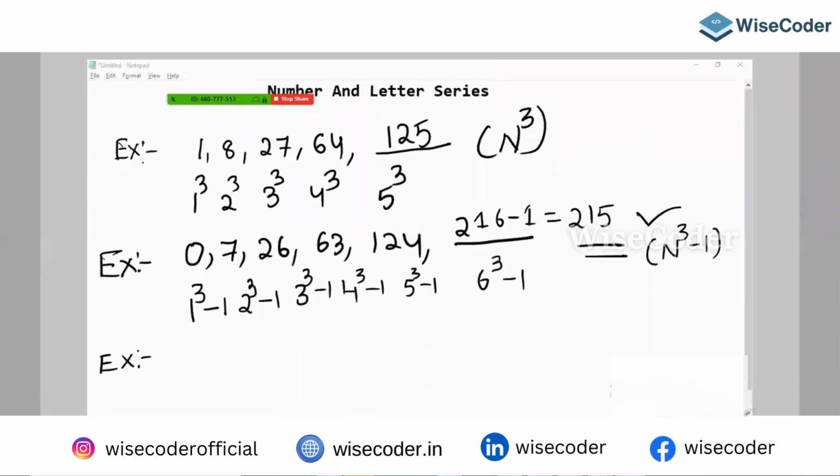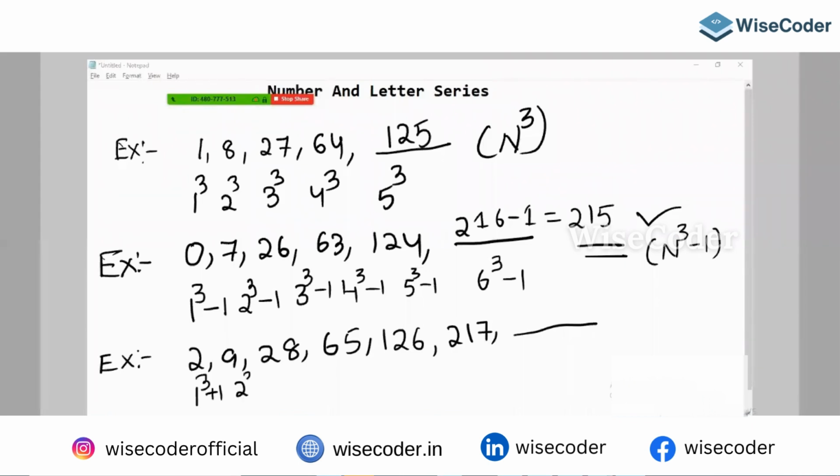Let's say this is the series: 2, 9, 28, 65, 126, 217. The numbers are increasing very rapidly. So this is nothing but 1 cube plus 1. Then 2 cube plus 1: 2 cube is 8, plus 1 is 9.